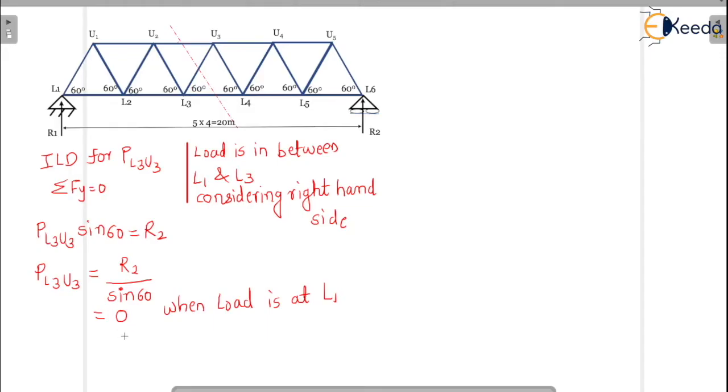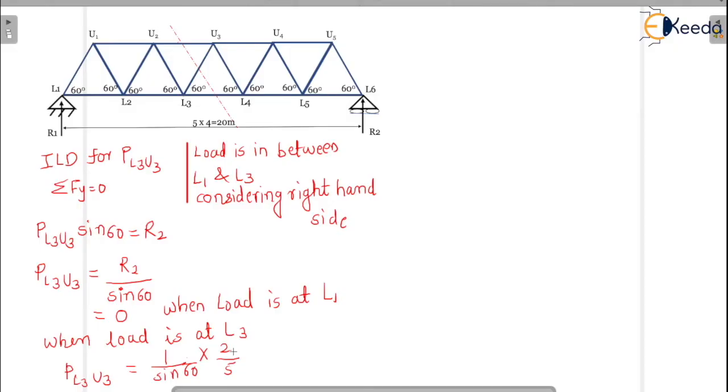But if the load is at L3, when the load is moving and comes to L3, the PL3 U3 value will be 1 by sine 60 into 2 by 5.